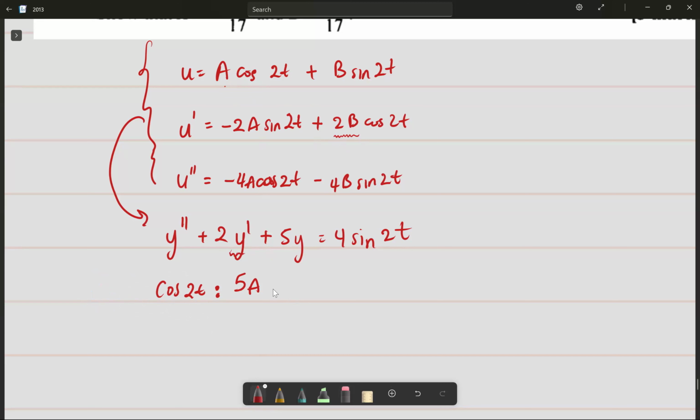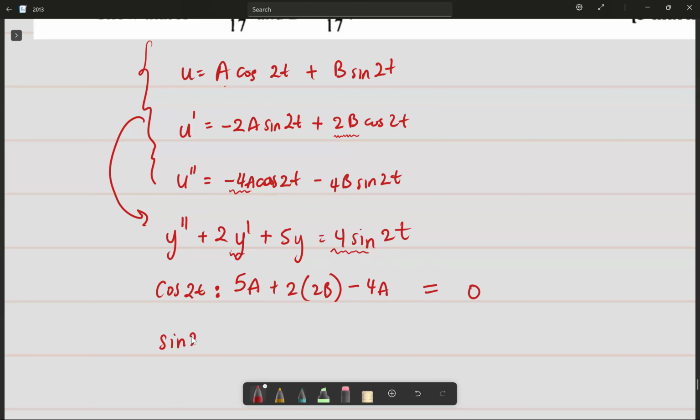Remember, it's going to be right here, so that's 2 times this 2b. And in the y prime, for the cosine it's going to be negative 4a. We're going to assume that those are correct unless otherwise stated later. And on the right-hand side, which is this side, there is nothing.